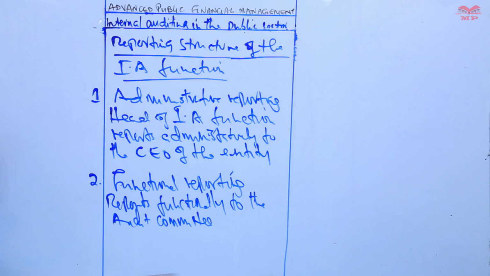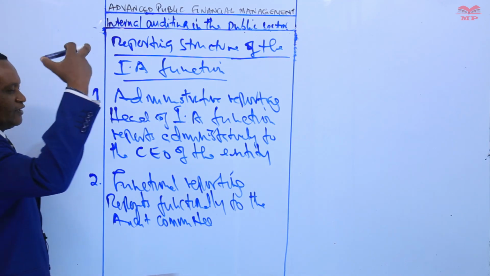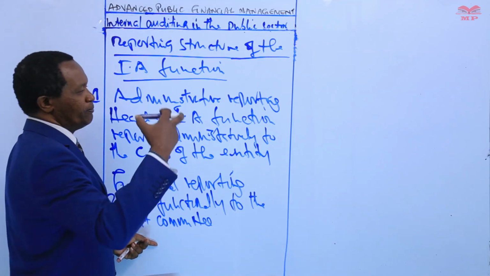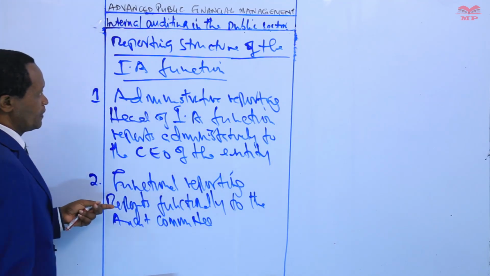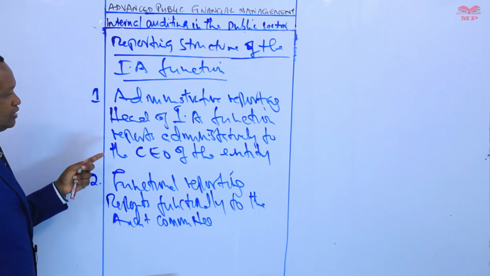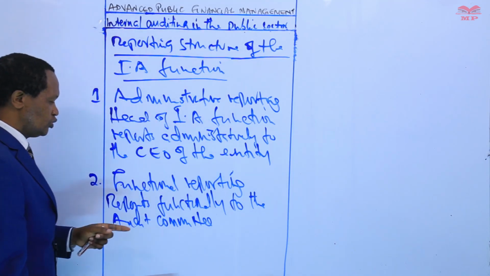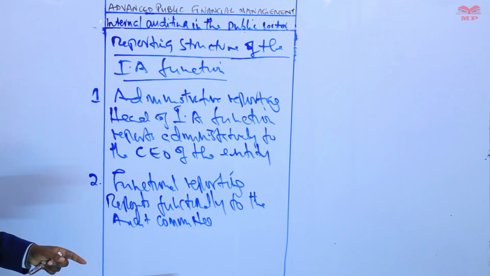That allows the committee to exercise its oversight responsibilities effectively and ensures that the audit findings are addressed at the highest level of governance. Because the audit committee is a committee of the board of directors, the head of internal audit function will report directly to the board through the audit committee.